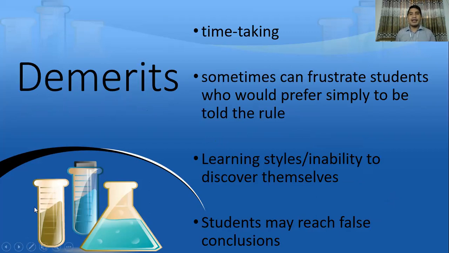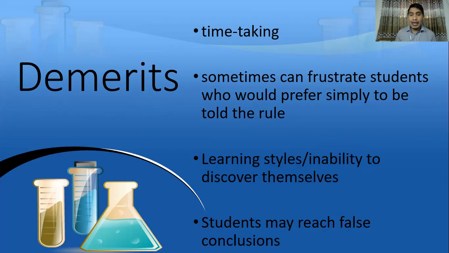What are the demerits? It's time-consuming, especially when the students have difficulty in processing what you are facilitating in the class. And sometimes it can frustrate the students who prefer simply to be told the rule, because there are students who have a learning preference that they want to start with generalization before they go into the specifics.